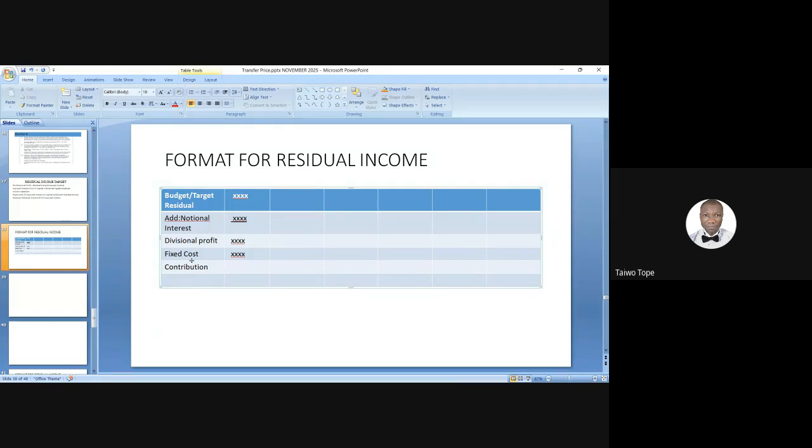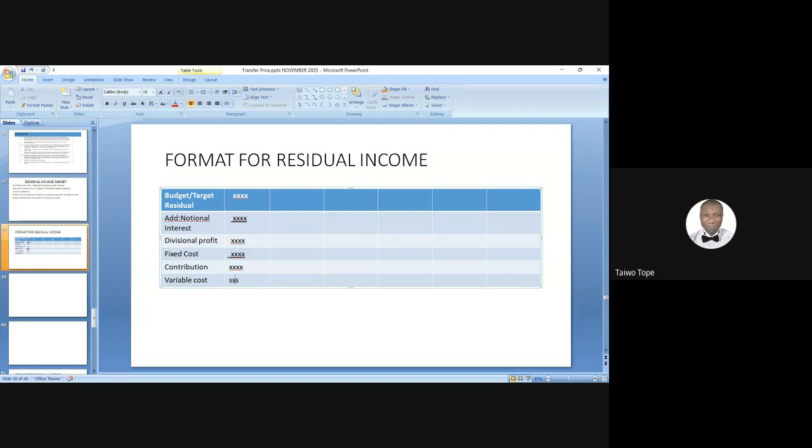Yes, profit plus fixed cost will give contribution. Now, contribution plus variable cost will give you what? To give sales. Very good.